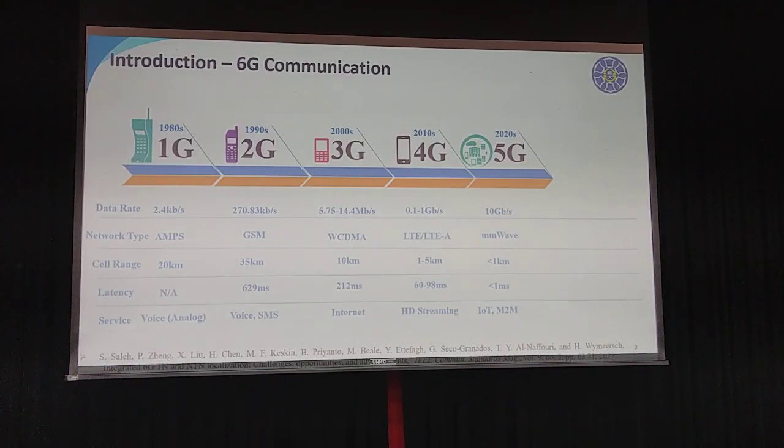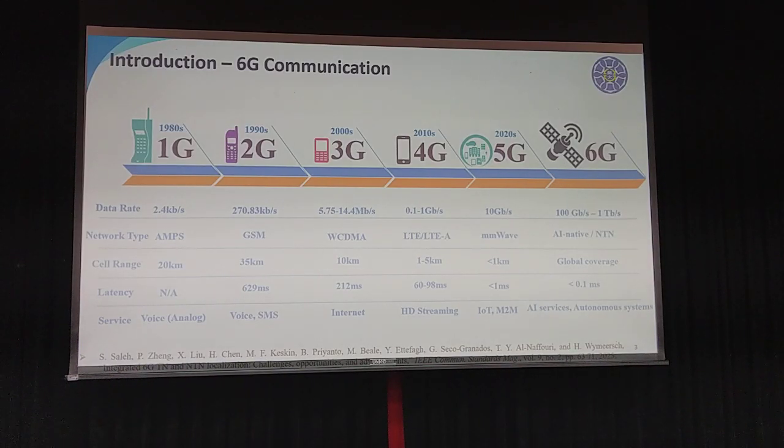From first generation to sixth generation, wireless communication systems have evolved significantly in terms of data rate, latency, and service capability. In sixth generation networks, the target data rate can reach up to 1 terabit per second with ultra-low latency and global coverage.